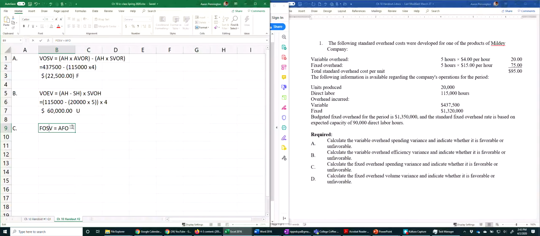This is perhaps a bit more straightforward than the variable.